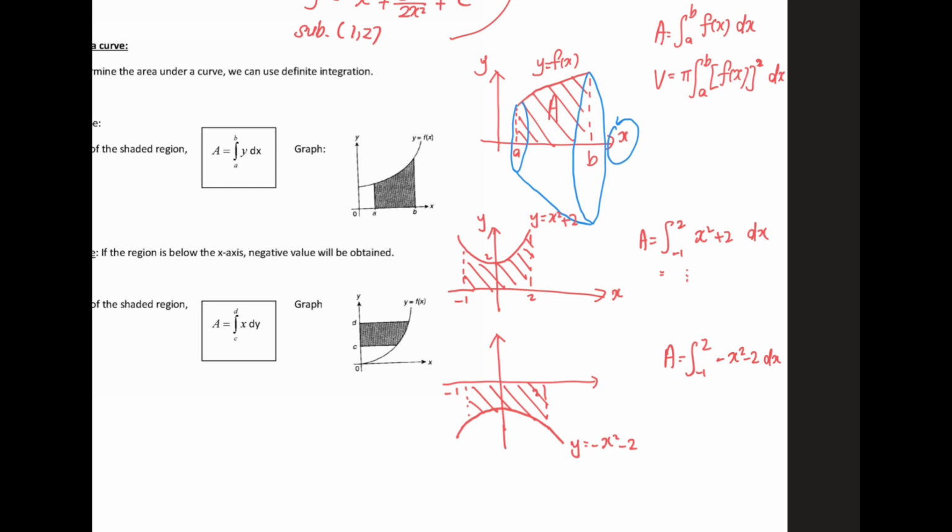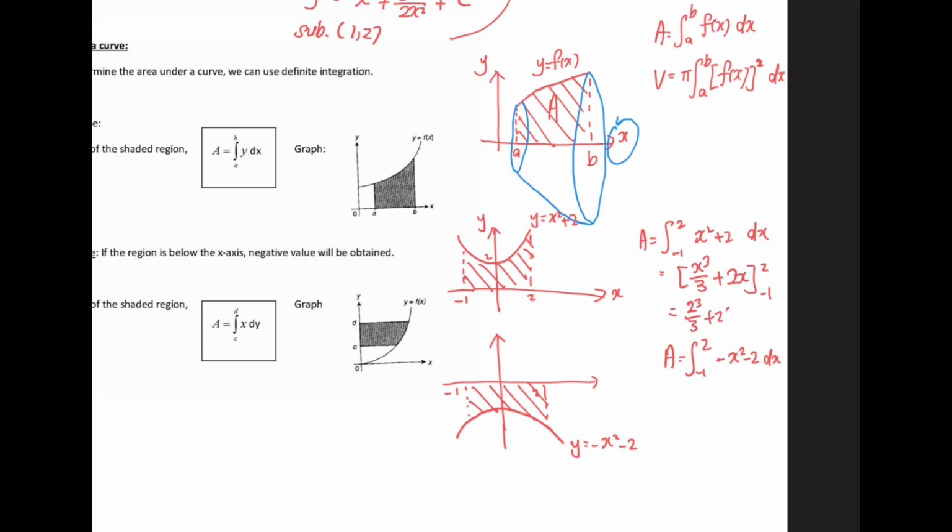Okay, so I do the top one first, just as your reference, so you see the difference. When I integrate this, I get x cubed over 3 plus 2x, from -1 to 2.